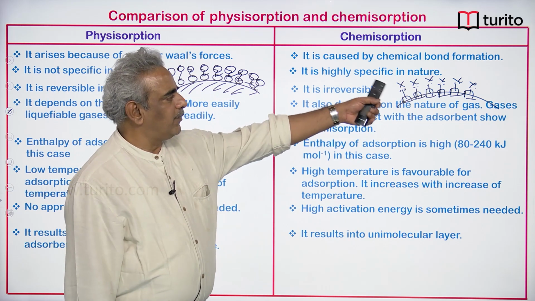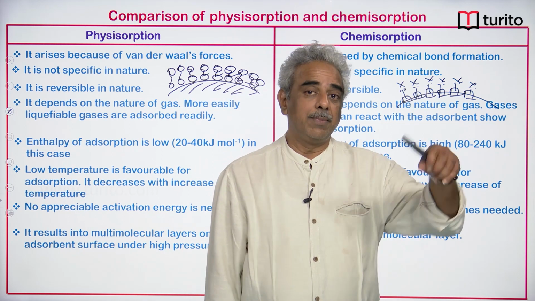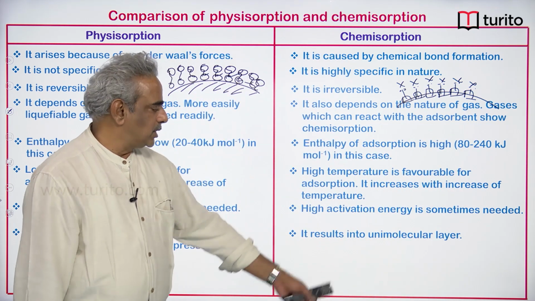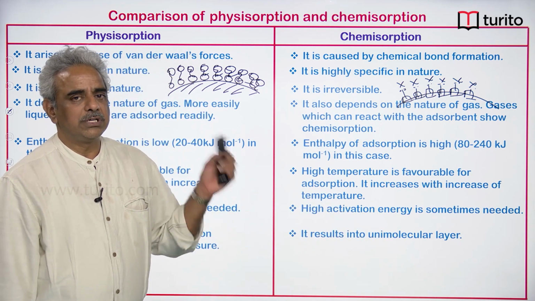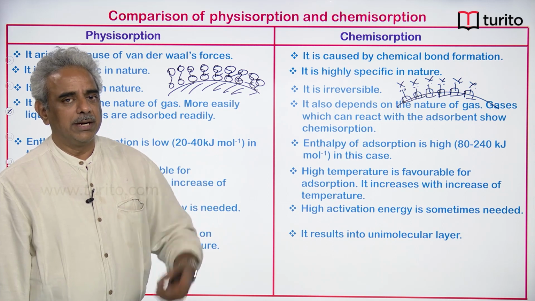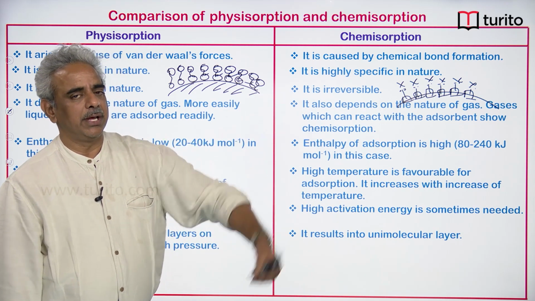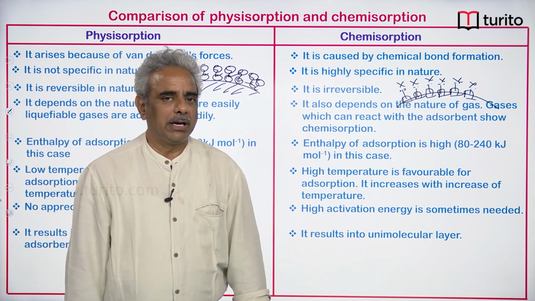So, once a layer of particles settles on the surface with bonds, they may not be able to form a bond with the next layer. So, in chemisorption it takes place only as a unilayer. In physisorption it is multi-layered. You have seen in the visual one layer, next layer, that is physical adsorption. In chemical adsorption there is only one layer formed.